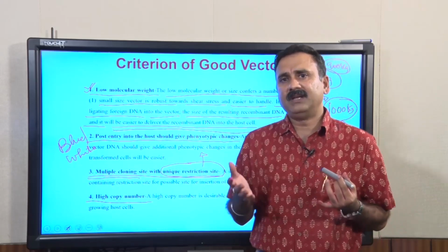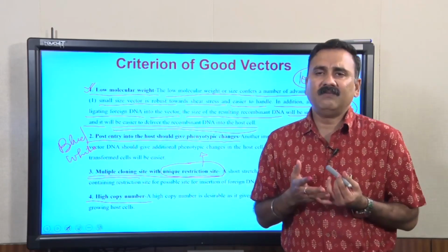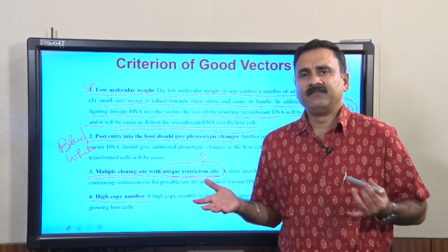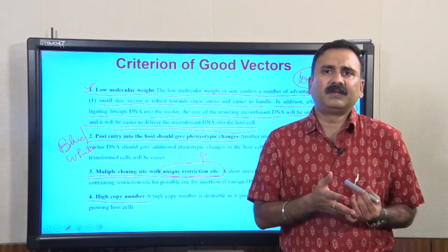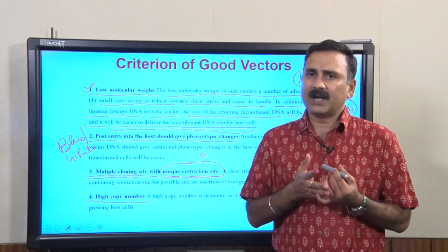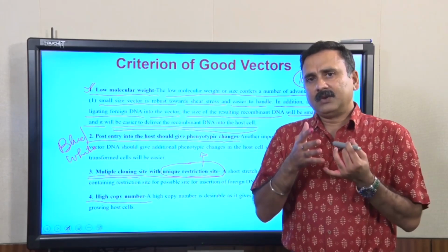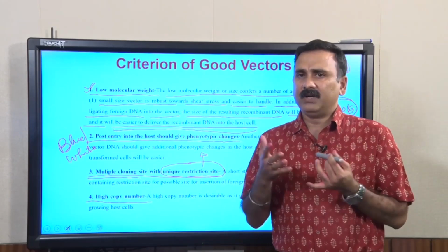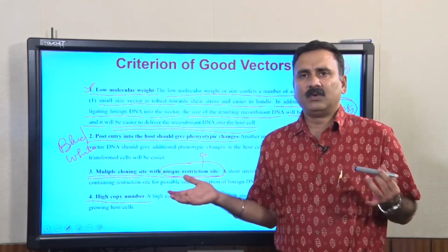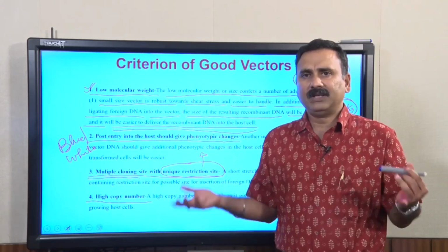You know that the plasmid is the extrachromosomal DNA which is present inside the bacterial cell. This we have discussed when we were discussing the structure of the prokaryotic cell. So, it could be one, it could be two, it could be 10, it could be 20, it could be 500 and it could be thousands.